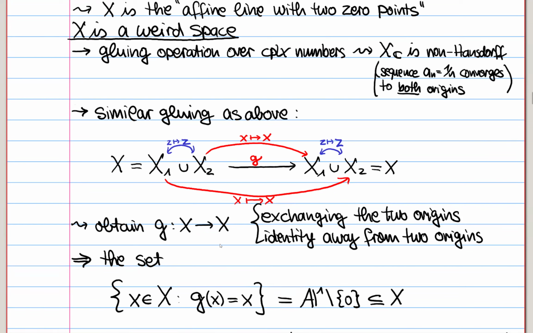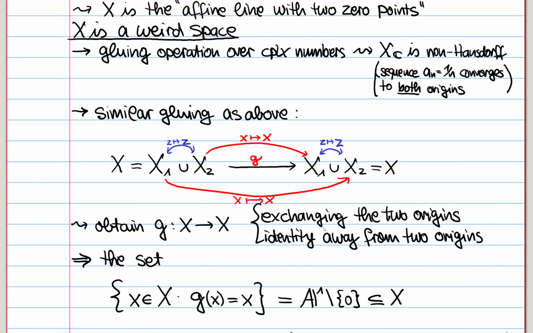And so we get this morphism from X to X. Again, it has the property that it exchanges the two origins, because the origin of X1 goes to the origin of X2 and vice versa. But it is the identity away from the origins, because everything in the diagram is the identity map.